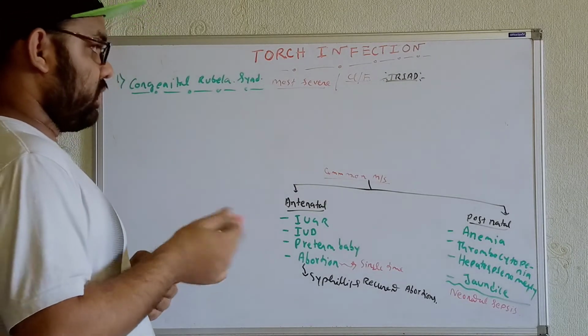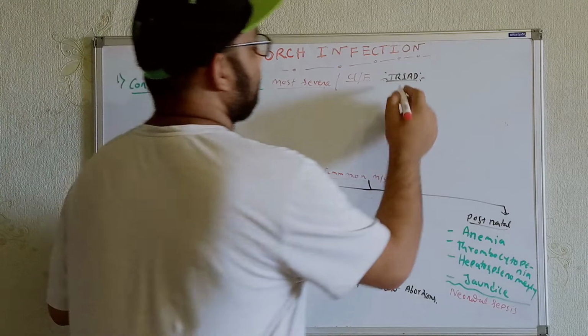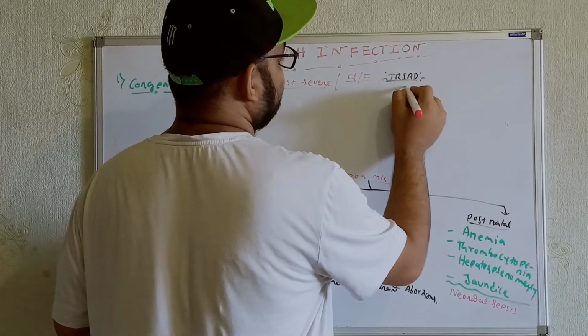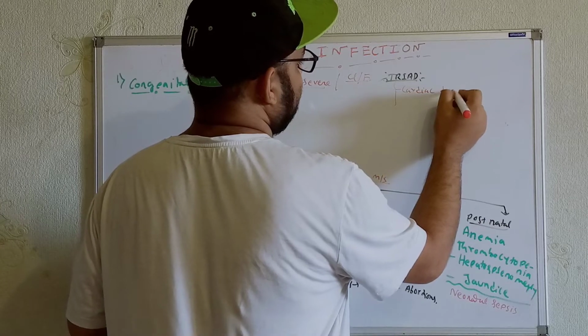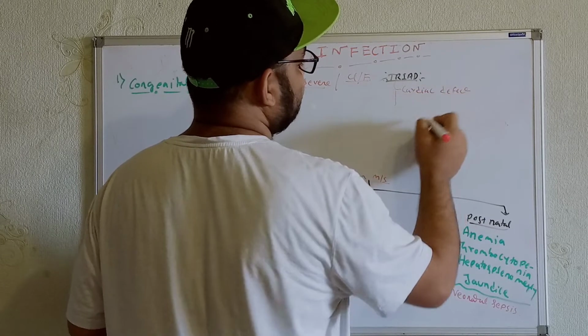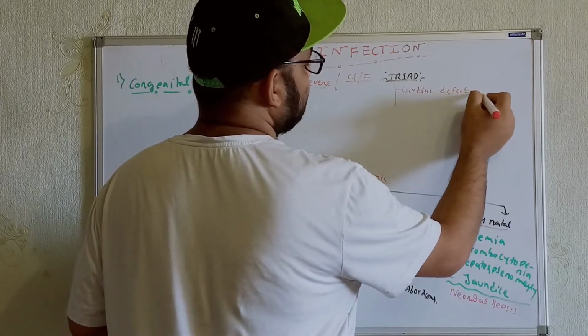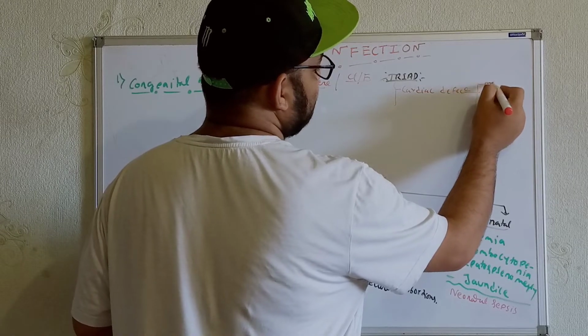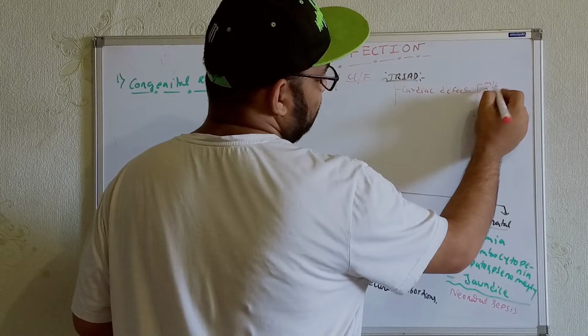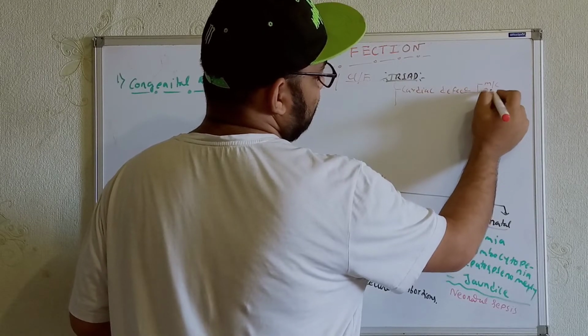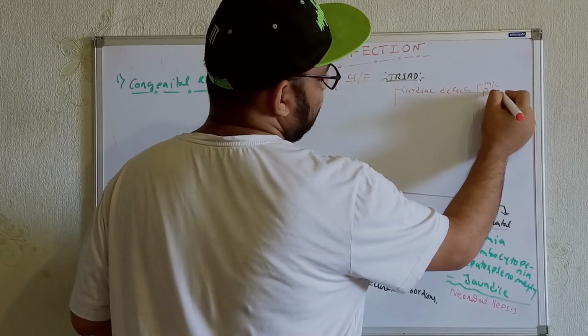So let's write over here. We'll get the cardiac defect. Within the cardiac defect, we'll get the most common type, what is that one? The patent ductus arteriosus.